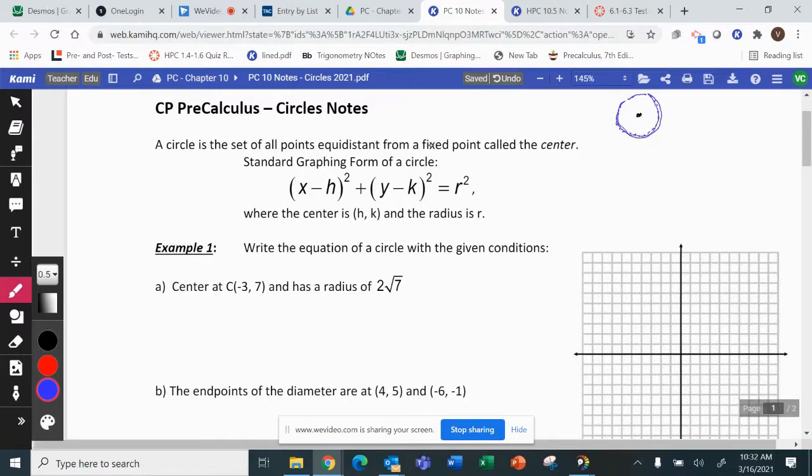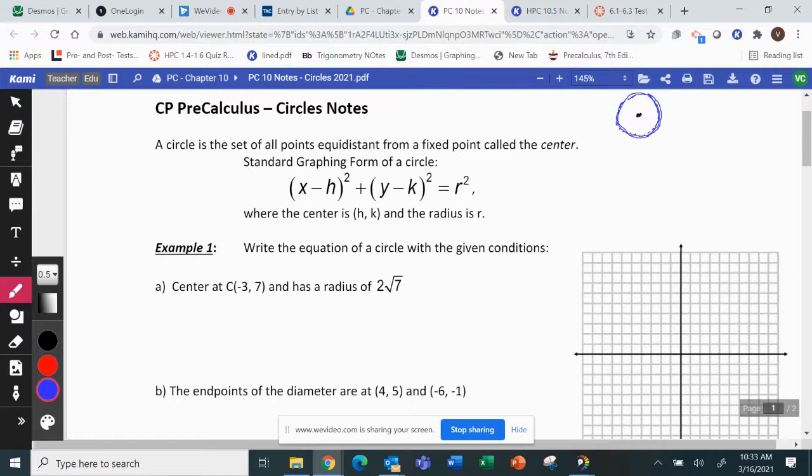The blue part is the actual circle. The black part is just this reference point that all these other points are equidistant from. But the blue part is the actual circle. The black part would be called the center of the circle.